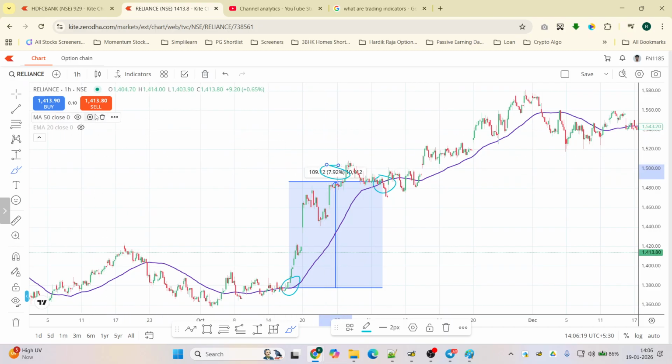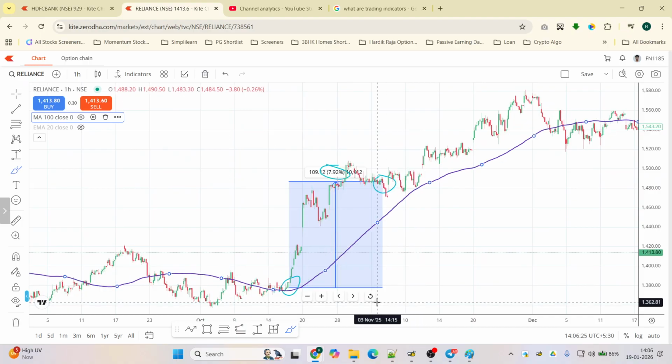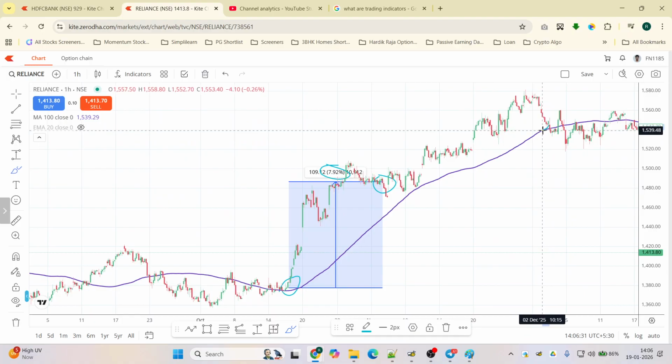Now let me go with moving average 100, simple moving average 100. Now can you see where it has crossed again? So this is now ending somewhere at this point. So here, which was 7.92% returns.